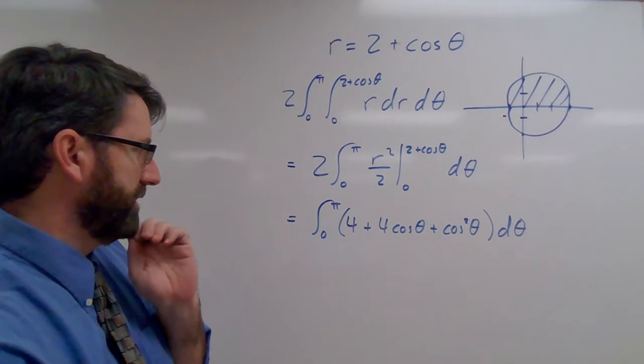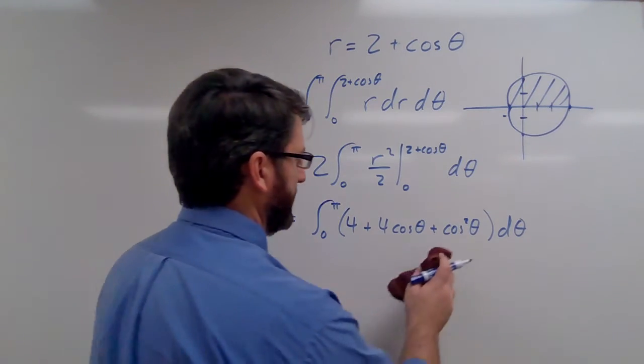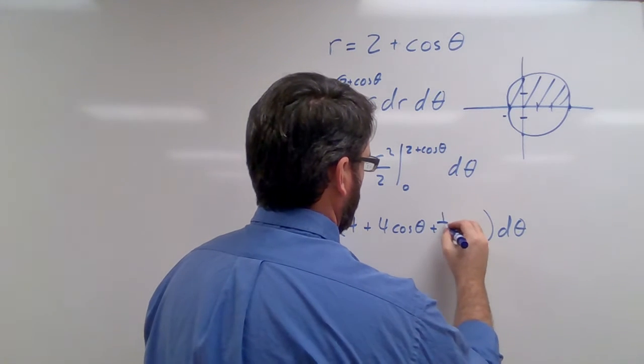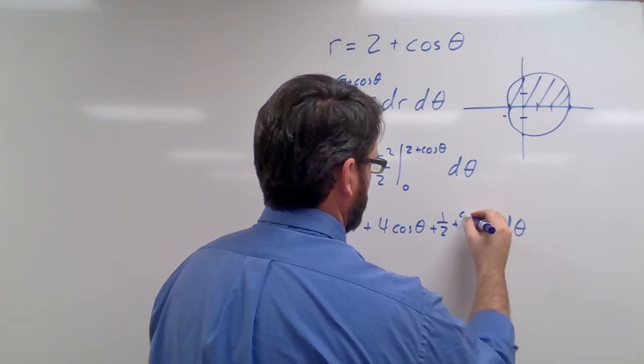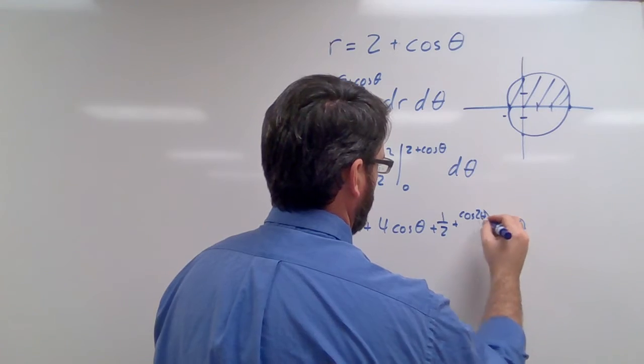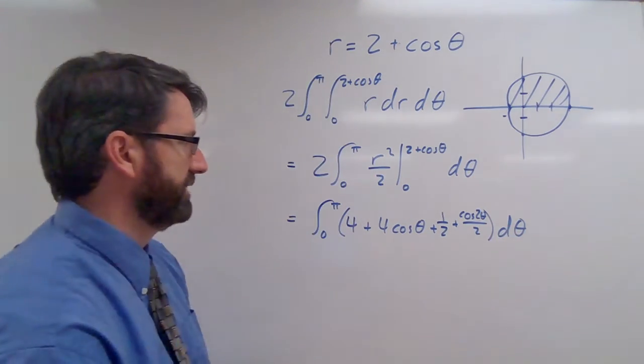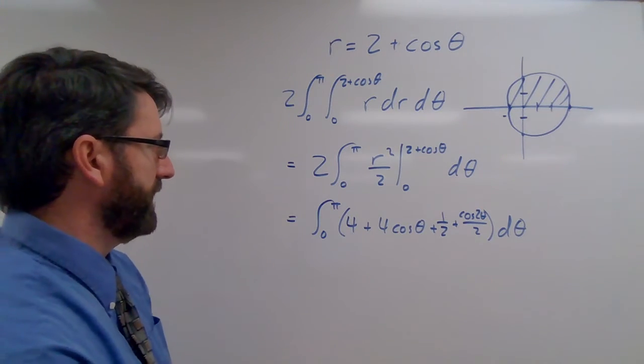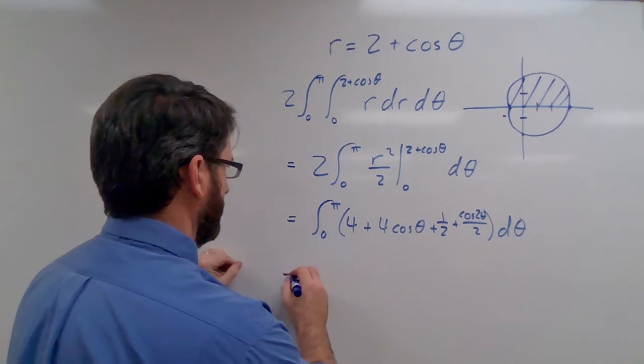And now, before we integrate this, let's replace this cosine squared with 1/2 plus cosine of 2 theta over 2. Now we can integrate this with respect to theta.